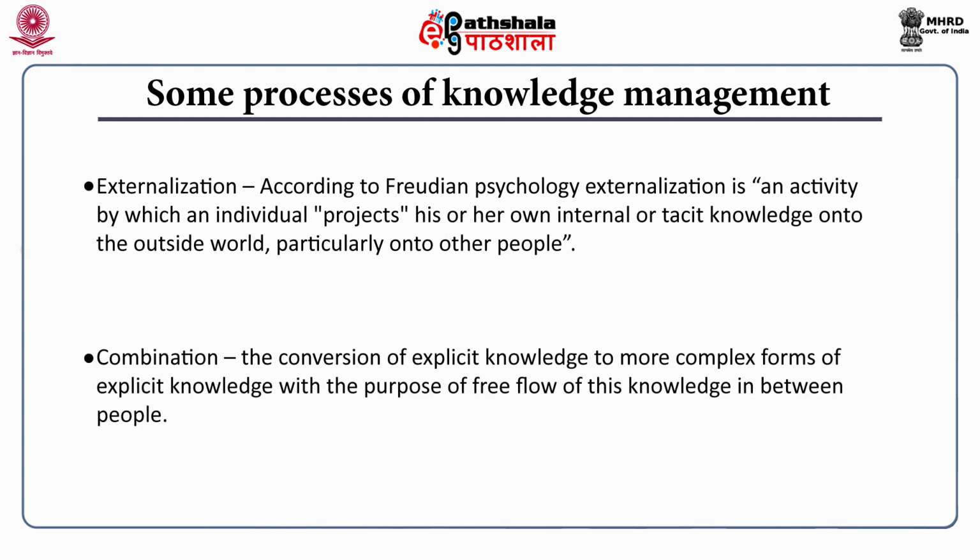The conversion of explicit knowledge to more complex forms of explicit knowledge with the purpose of free flow of this knowledge between people is what combination refers to. The knowledge is first sorted and understood, and it is then disseminated after being decontextualized.